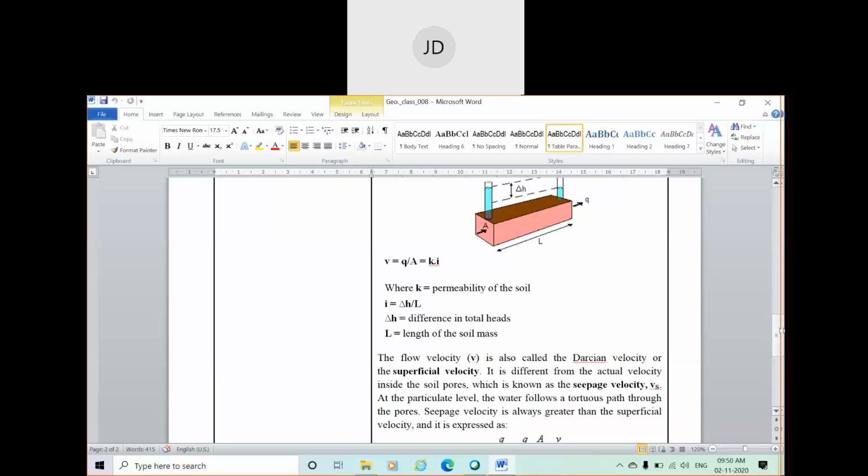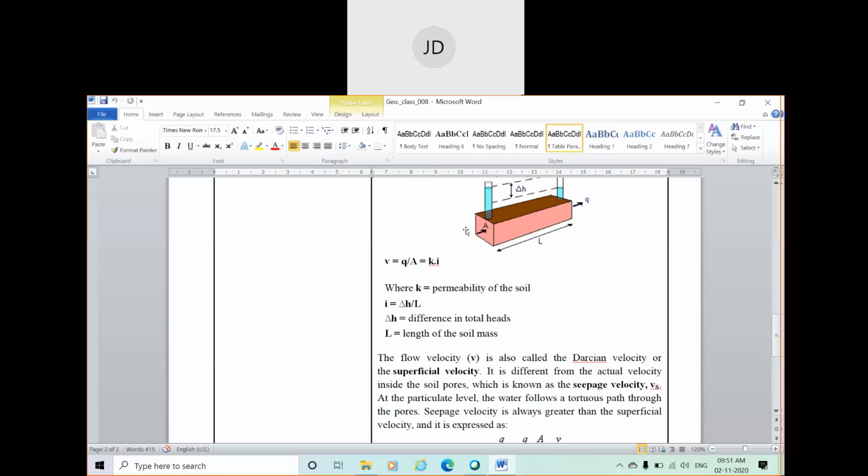Whenever I say theoretical velocity, theoretical means it's not practical or not actually occurring. Theoretical velocity is that particular velocity related to the theoretical discharge where the total cross sectional area of the soil mass is considered.